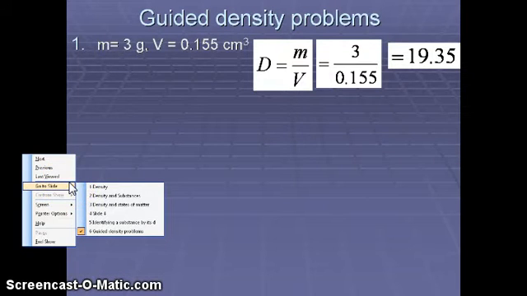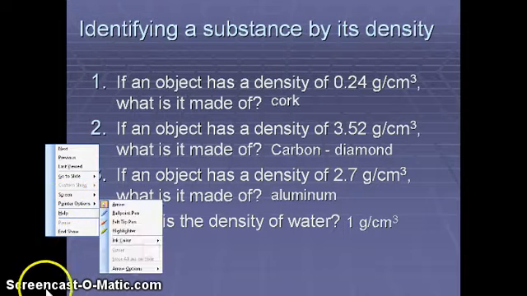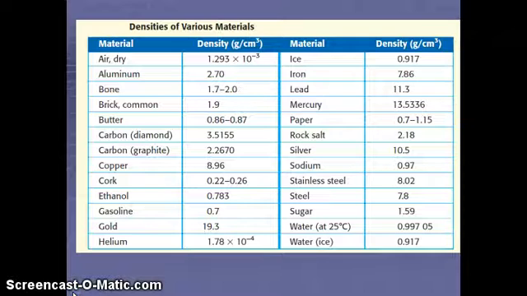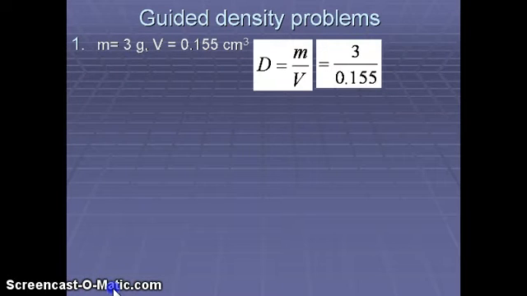So remember that number, 19.35. It looks like it's going to be gold because gold is the closest to that. Now when you measure it, remember that you might not get the exactly right answer because humans make mistakes. And sure enough, it is gold.